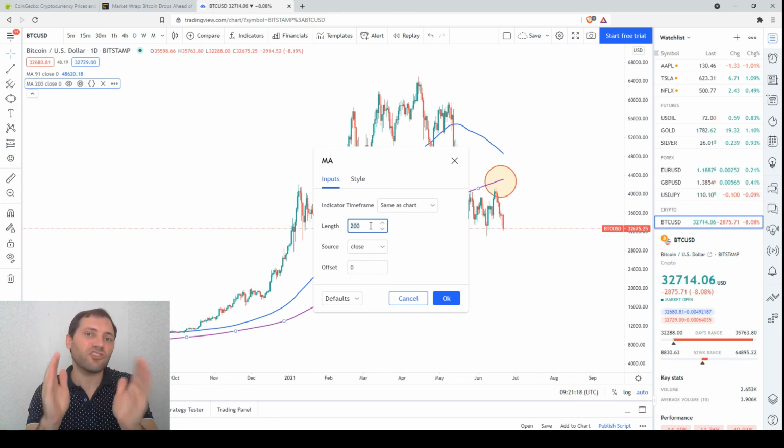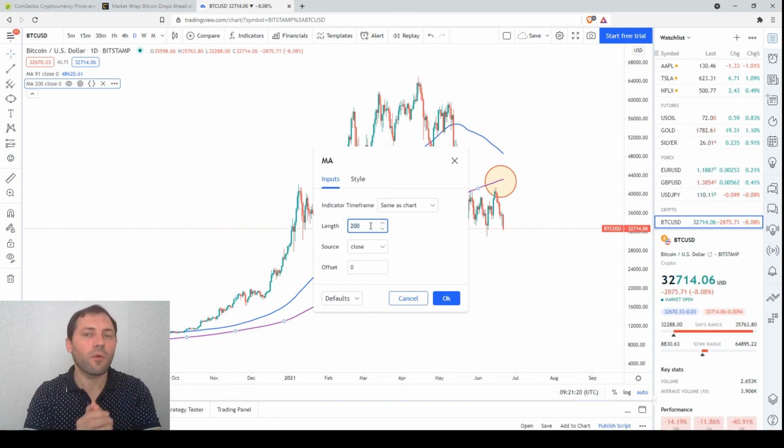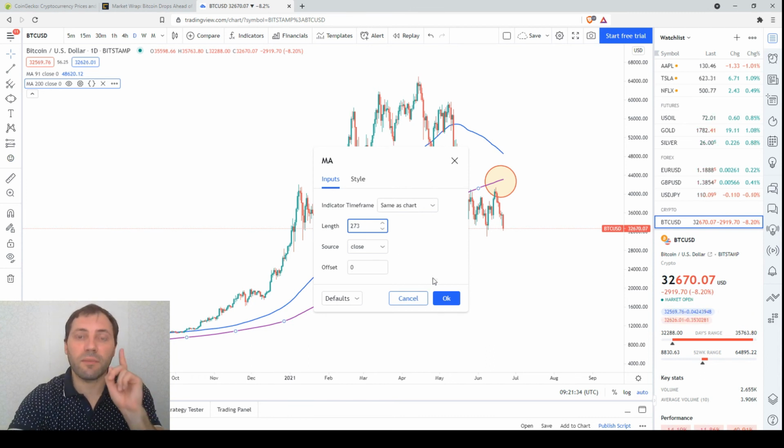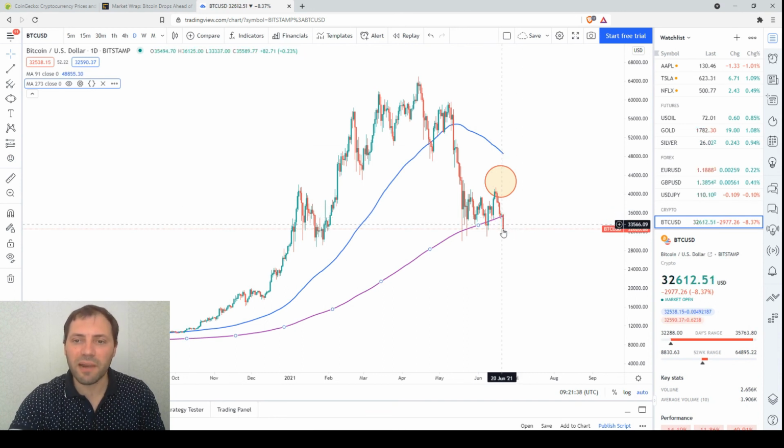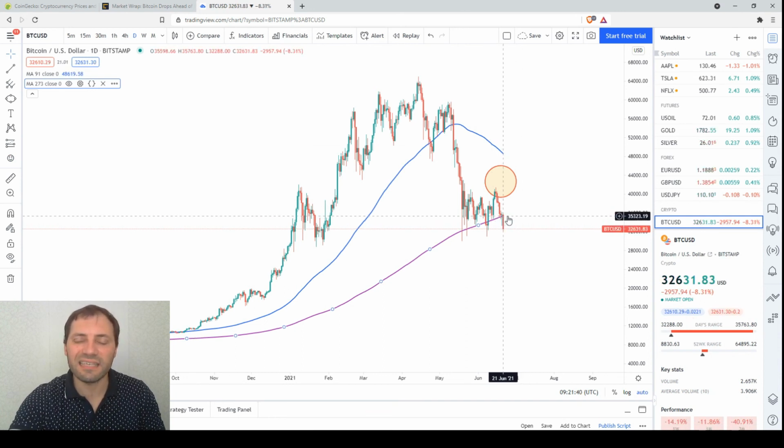Let's say that each month has 30 or 31 working days for the crypto market that is open once again each and every day. If we multiply it by 9, we should have something close to 273, for example, working days for the period of 9 months. Then we see that this is far away.